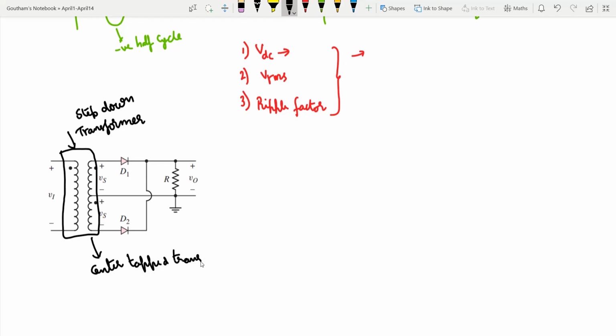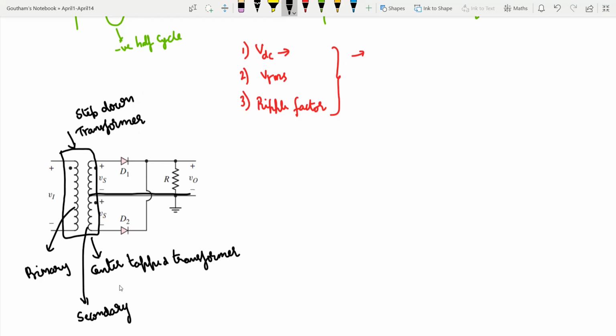As the name indicates, this is called the primary winding of the transformer, and this is the secondary winding. In the secondary winding there is a tap at the center, which is why it is called the center tap transformer.